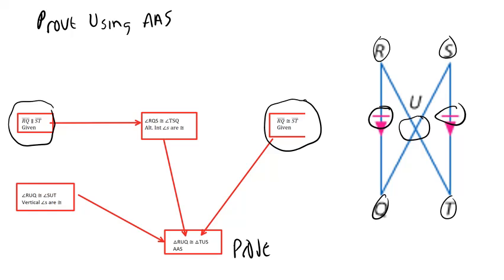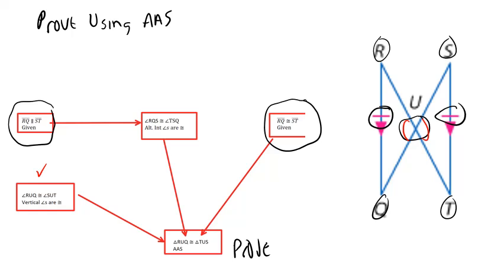Well, let's see. If we're looking at RUQ, and I'm right down here, and angle SUT, we're looking at these angles right here. Both of those angles right there, RUQ and SUT.